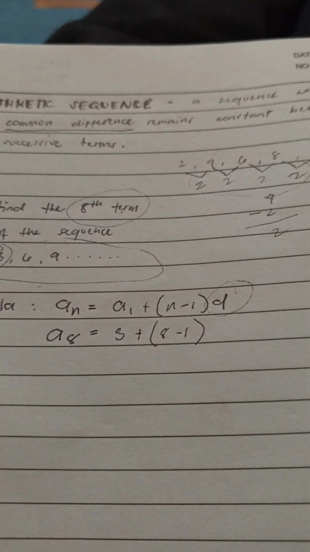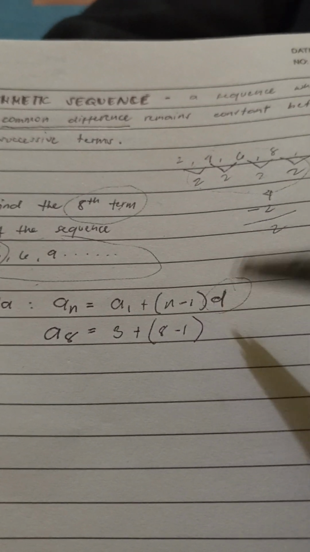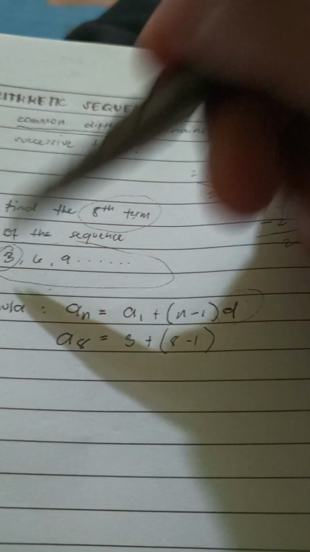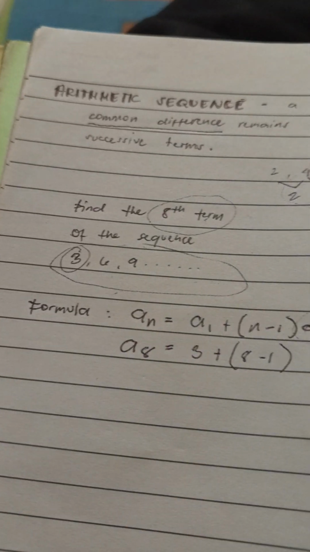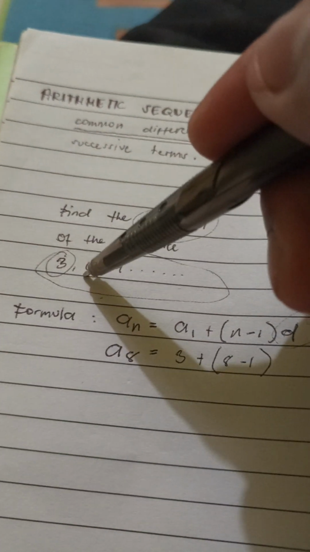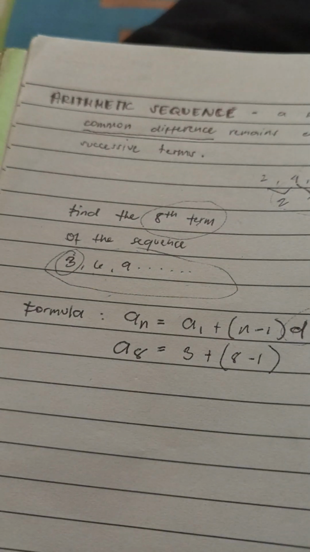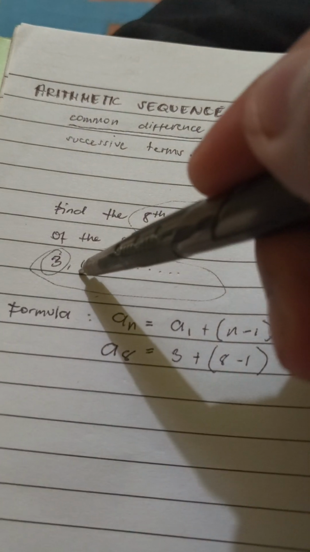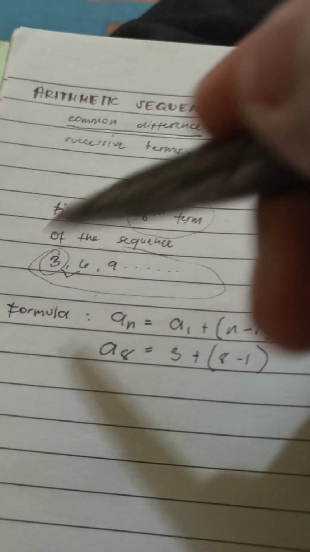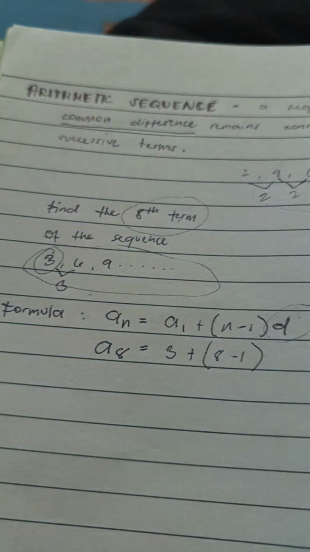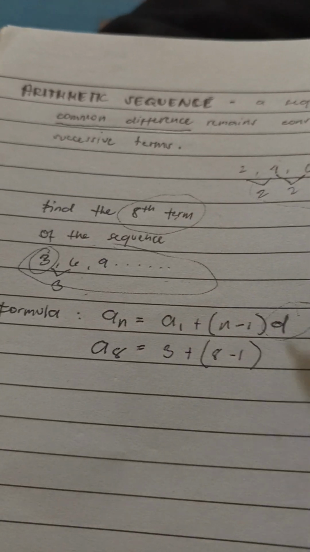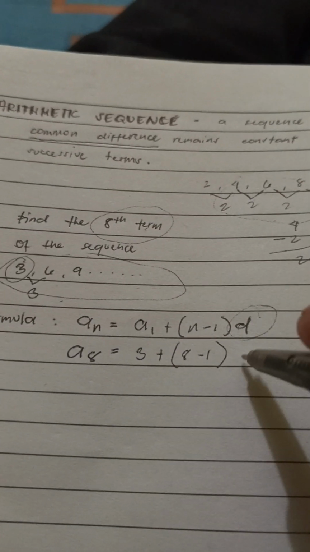I almost forgot our common difference. As I said earlier, we simply subtract the preceding term from the succeeding term. So 6 minus 3 is 3. So our common difference is 3.